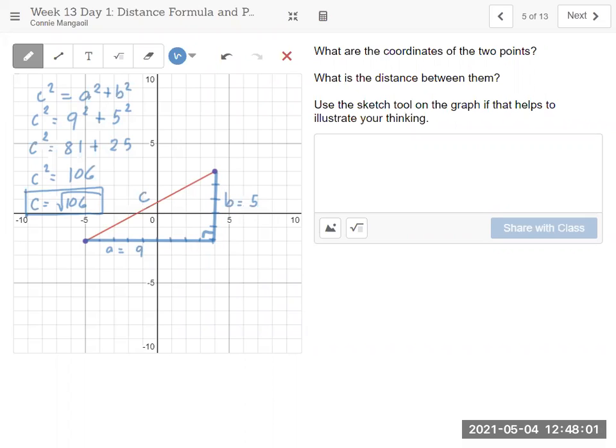Okay, so any questions here? It's just a straightforward application of the Pythagorean theorem.